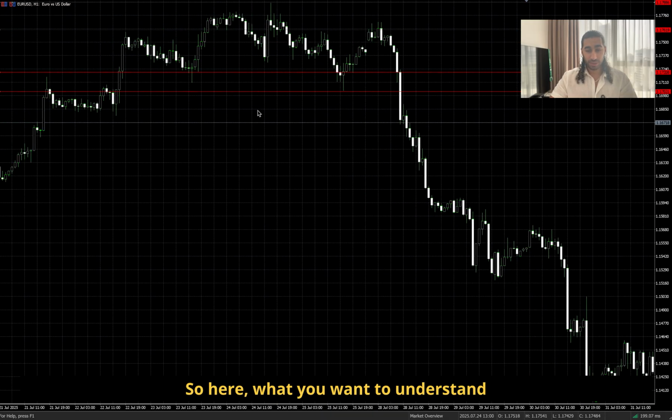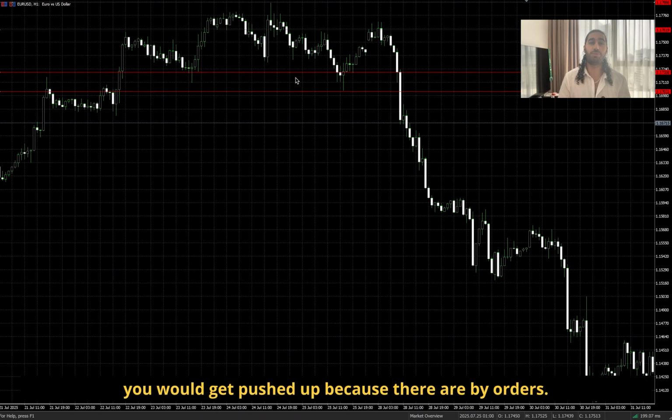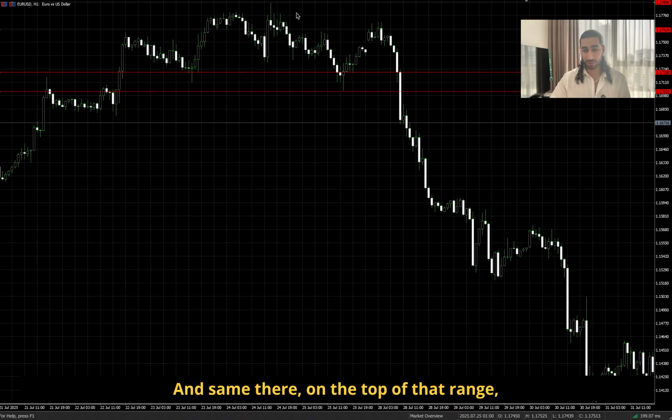So here, what you want to understand is that at the lower part of that range, you probably had some buy orders placed there. So every time the price would reach there, it would get pushed up because there are buy orders. And same there. On the top of that range, you may have sell orders.